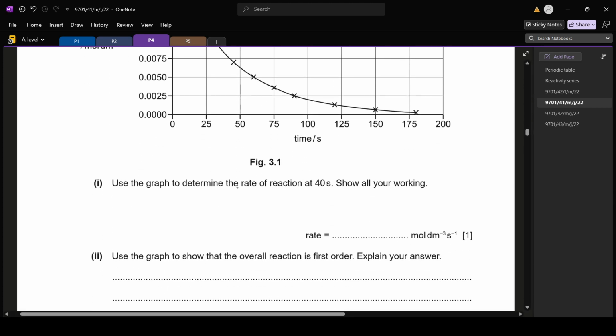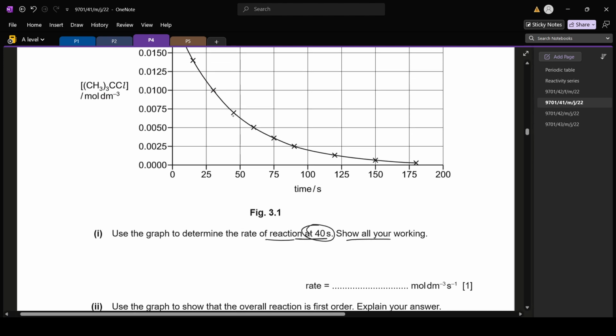Use the graph to determine the rate of reaction at 40 seconds. So at 40 seconds you have to draw a tangent to the curve.